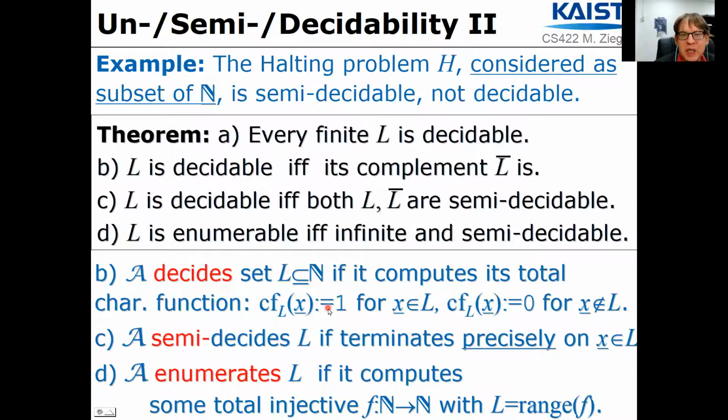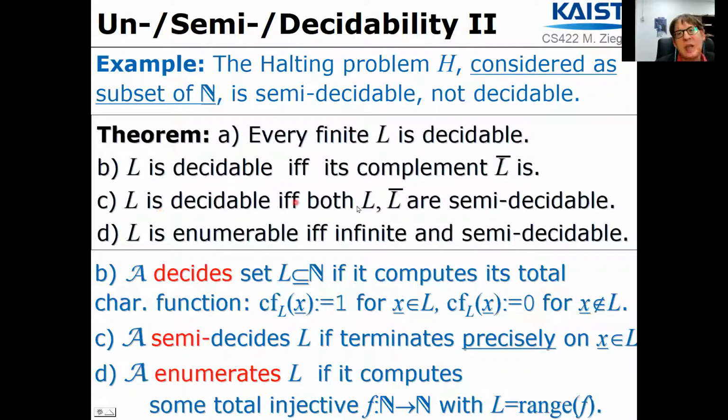Whereas for inputs that do not belong to L, our new algorithm, when simulating the given algorithm, will run into this case, and instead of outputting 0, our algorithm will, remember the way we've modified it, deliberately enter an infinite loop. So that demonstrates and concludes one direction in item C.